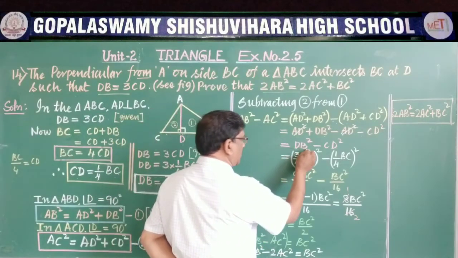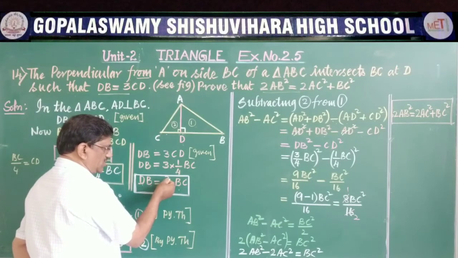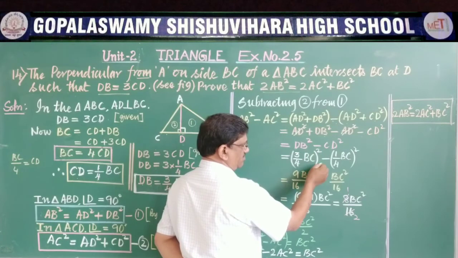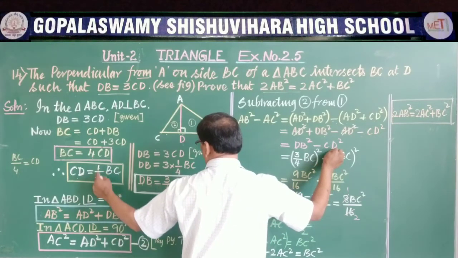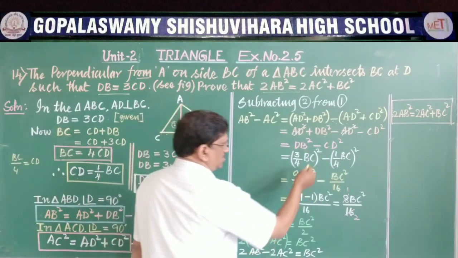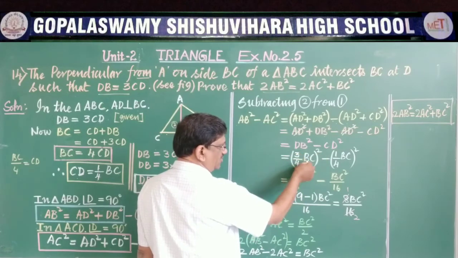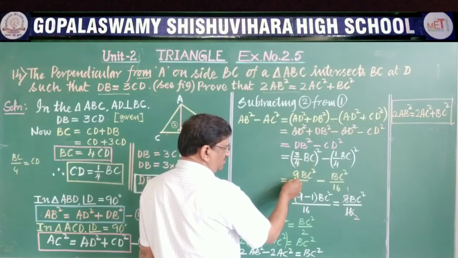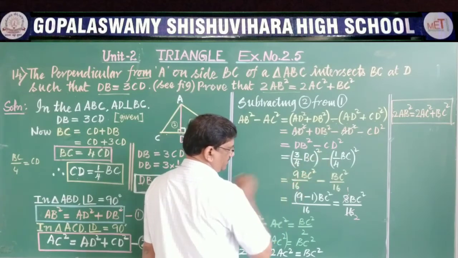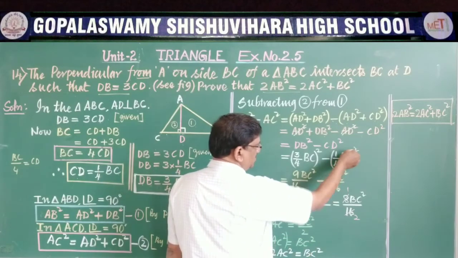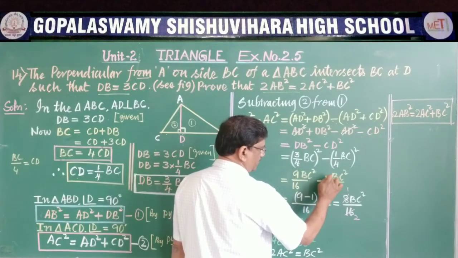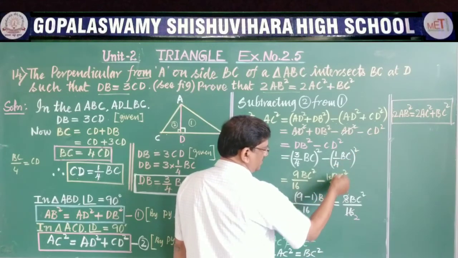DB is equal to 3/4 of BC, that is whole square, minus CD is equal to 1/4 of BC, that is 1/4 of BC whole square. Squaring it, 3/4 of BC squared is 3 square means 9 divided by 4 square is equal to 16, BC square, minus 1 square is 1 only, and 4 square is 16.